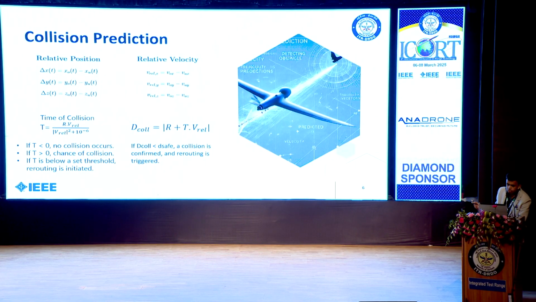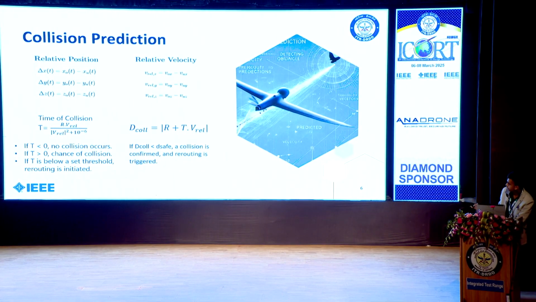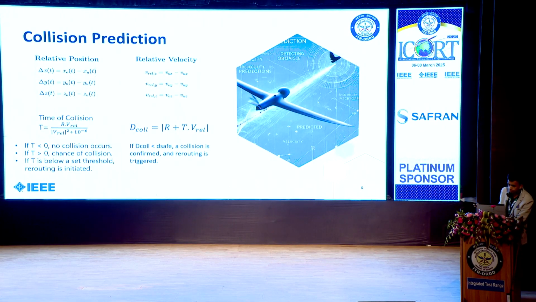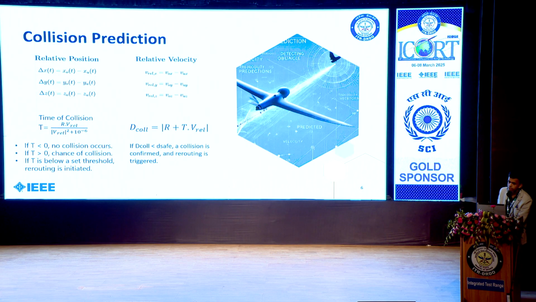We added a small constant in the denominator to handle the case where both the objects are moving in the same direction and are collinear, in which case the denominator would become 0. To avoid failure of the algorithm in such cases, we added a small constant, 10 to the power -6, in the denominator.